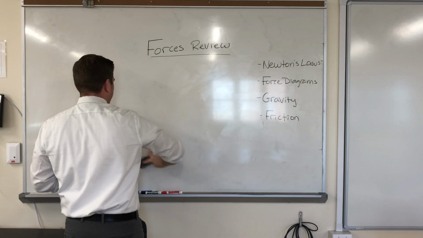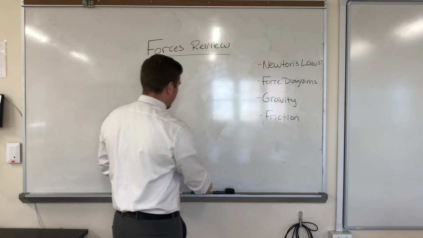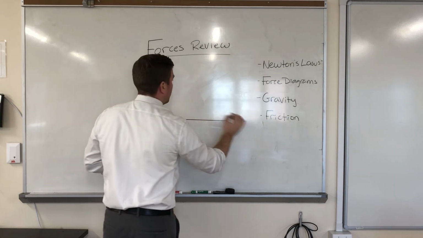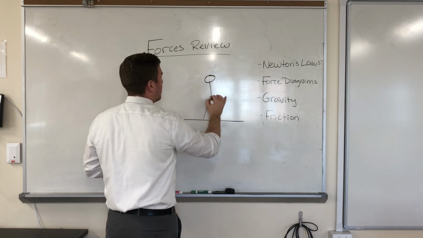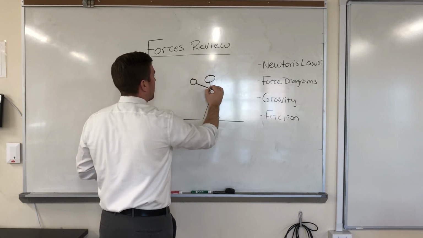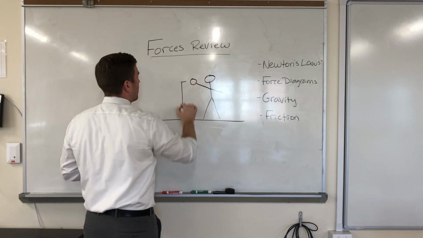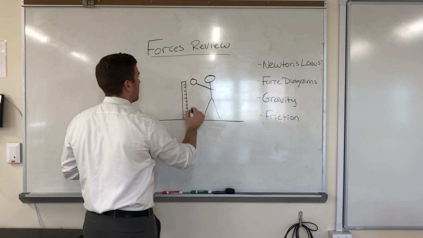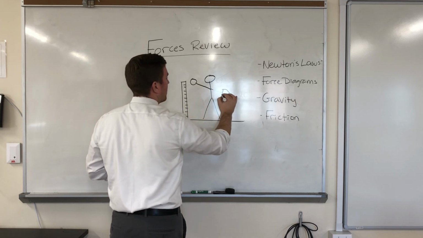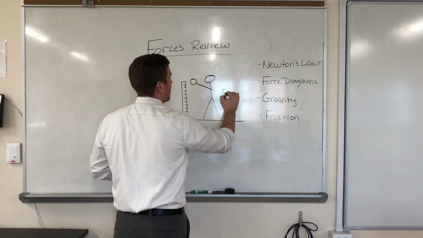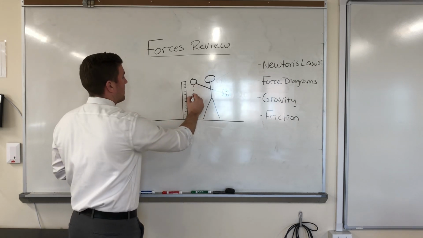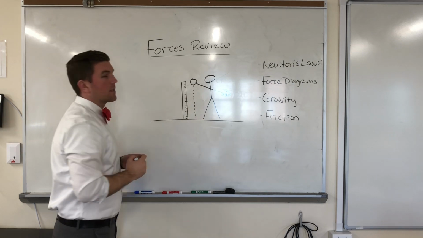Gravity, you may remember we did a lab on gravity earlier this year, where you stood here in the room, you held a ball out, we had a meter stick, and you had a timer. And when you dropped the ball, you hit the timer and started that.